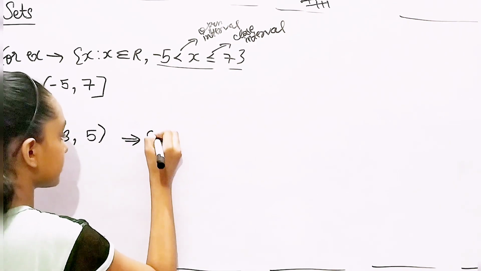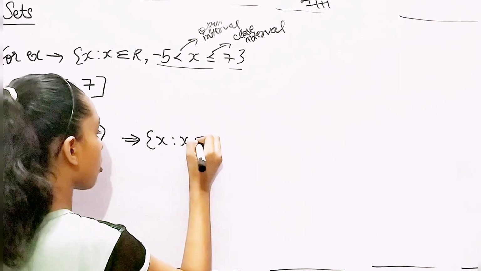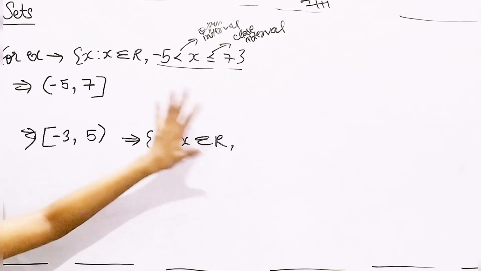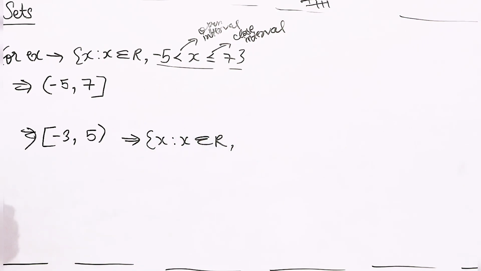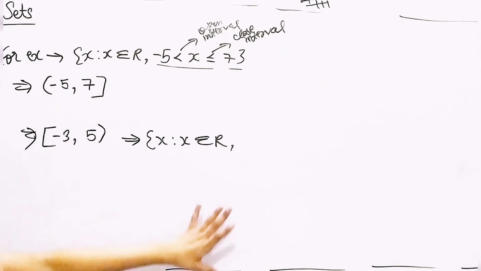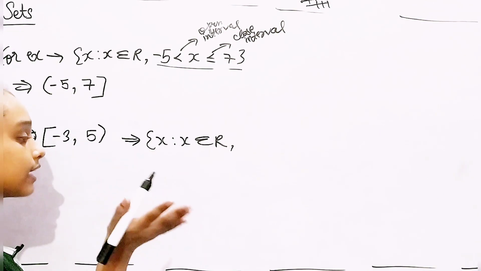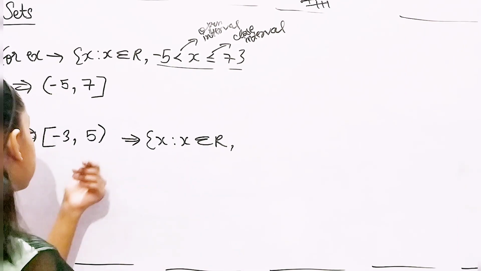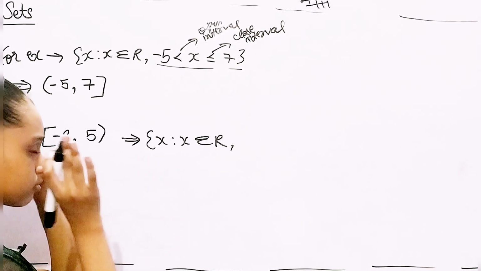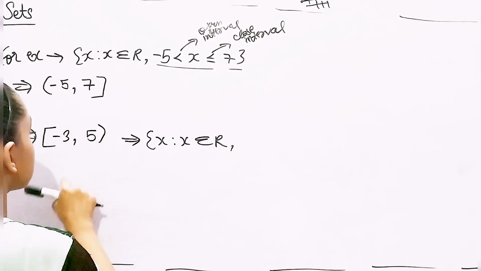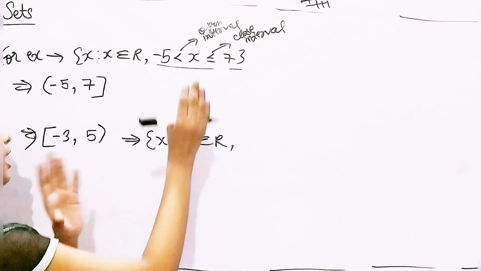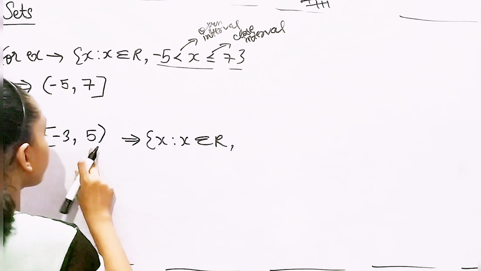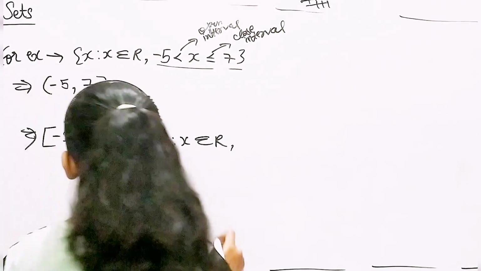Let's take x such that x belongs to the real numbers, because in real numbers we have natural numbers, whole numbers, integers, almost everything. -3 is an integer, not a natural number, and 5 is also an integer. Let's not think about that, since integers and natural numbers come in real numbers. This isn't the main thing I'm going to tell you. So this is -3 and +5.